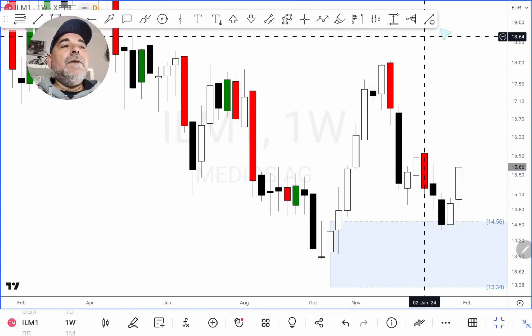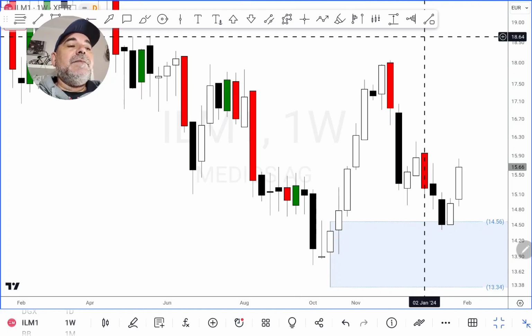So this is a very, very simple price action trading strategy. You can also use this trading strategy if you are using price action for scalping.